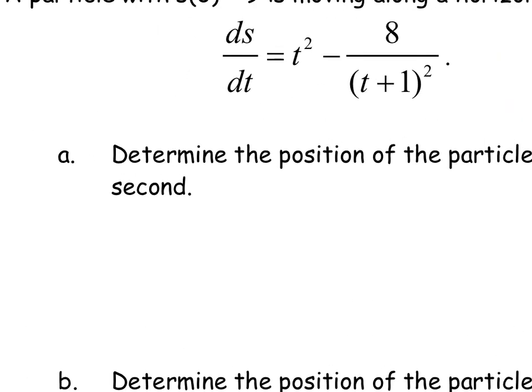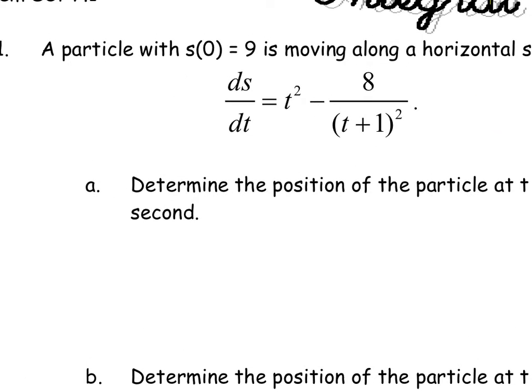So on this one, we can do the integral from 0 to 1, which will give us the displacement over the first second, of our velocity function, t squared minus 8 over t plus 1 squared dt.